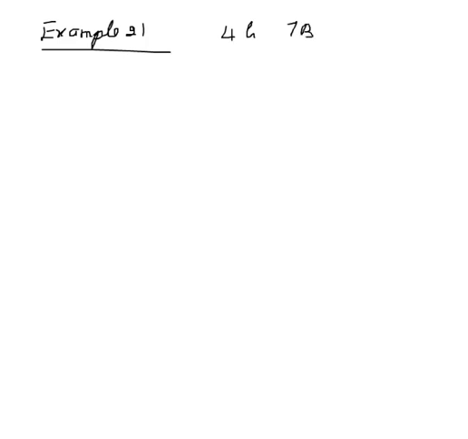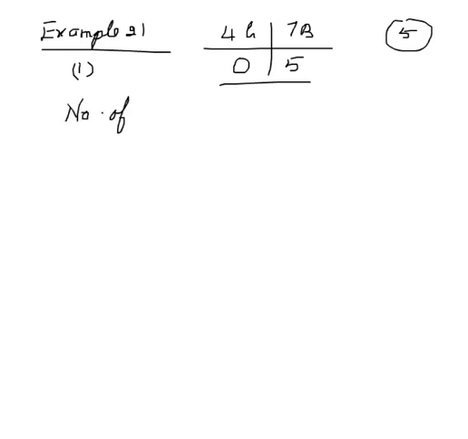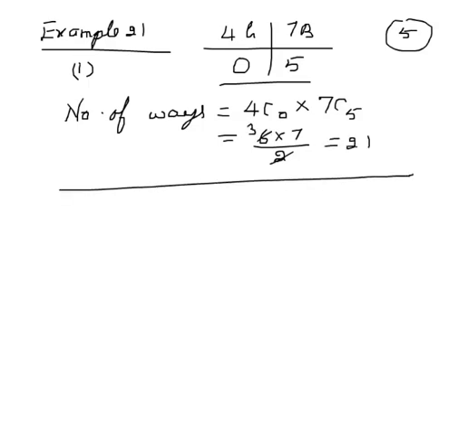In how many ways can a team of 5 members be selected if the team has no girl? No girl. That means all 5 are boys. It is only a selection question. So number of ways is equal to, very simple question, 7C5, 5 factorial, if I cancel 6 times 7 by 2 factorial. The answer is 21.